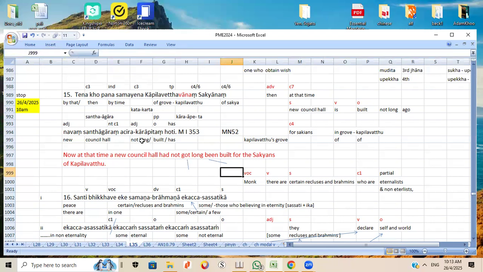So technically, this new hall is built in a forest or in a group. This new hall is located in a forest. That is the reason why I put it in the group. No doubt this is an object.